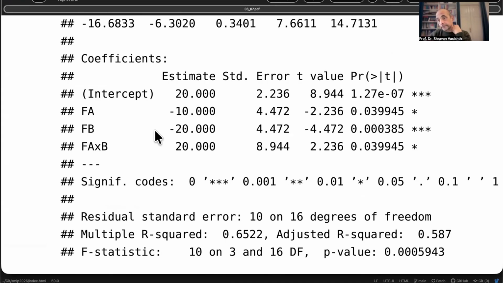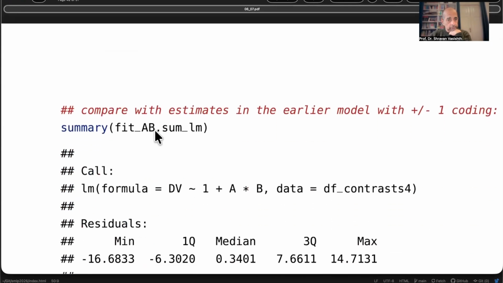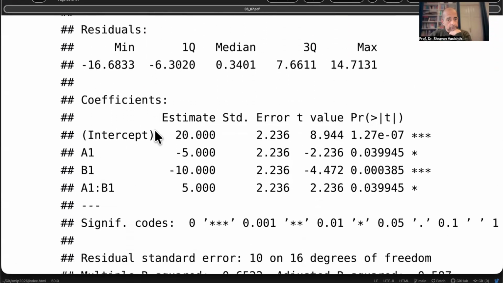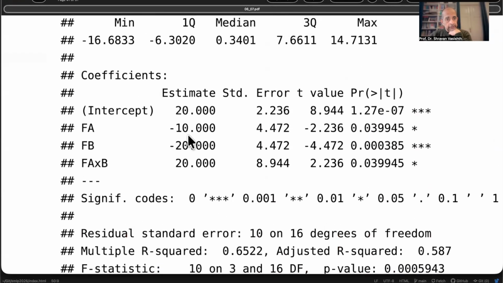So what's going on? -5, -10, 5, -10, -20, 20. So this one is 4 times larger. This one is twice in the absolute magnitude, and this is twice the absolute magnitude. What's the deal with that?